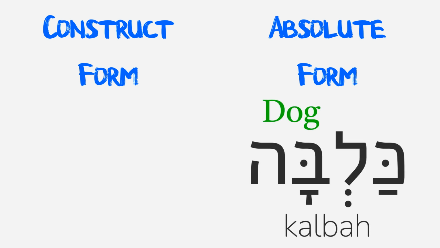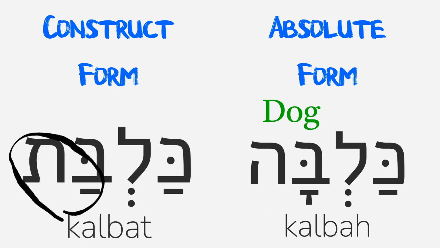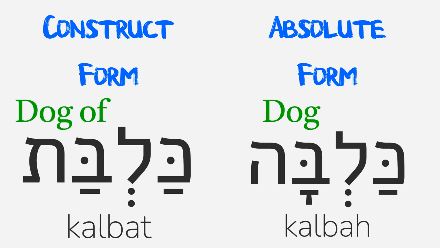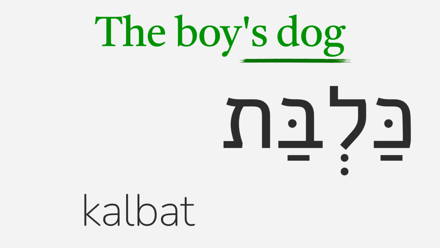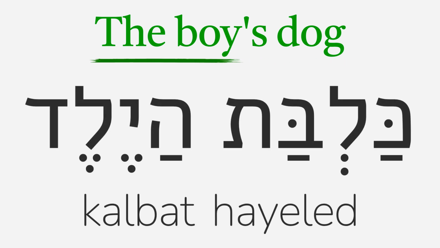This noun in absolute form ends with kamatz hey, so to put it into construct form, we change that to a patach tav, at, kalbat, dog of. To translate the boy's dog, if the dog is female, we say kalbat, dog of, ha-yeled, the boy. Kalbat ha-yeled, the boy's dog.